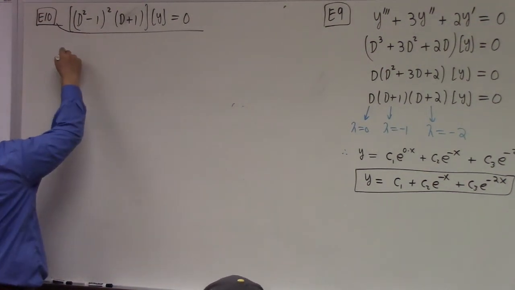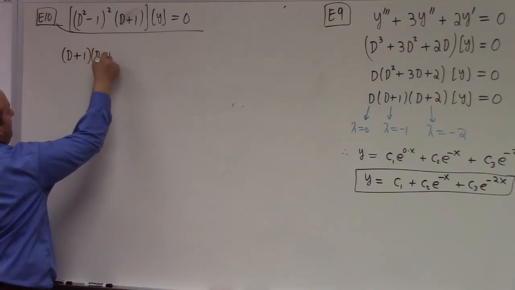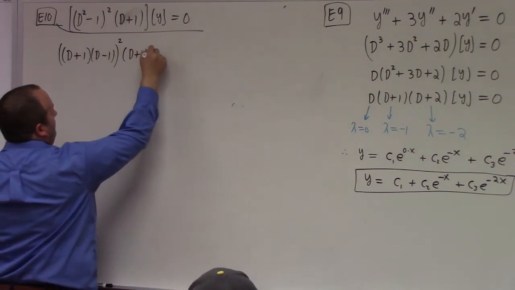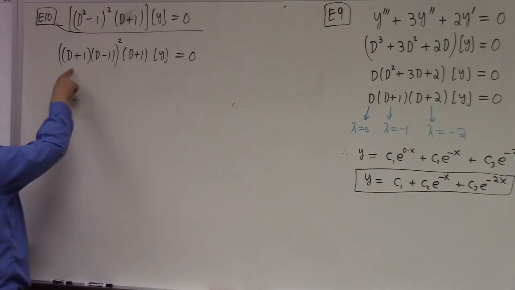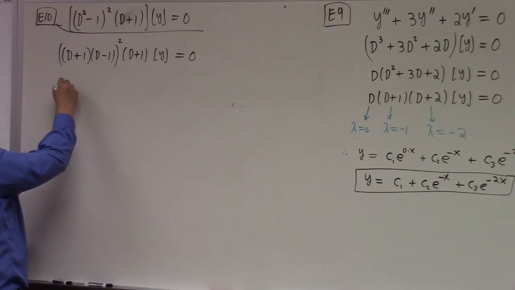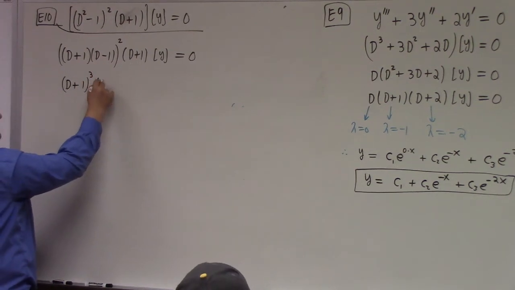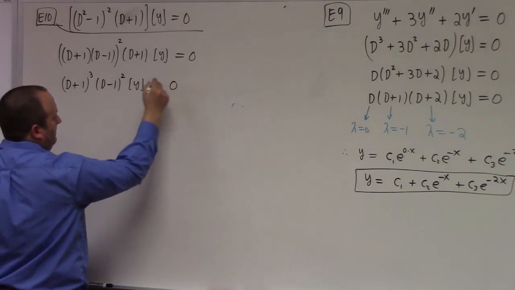What is that? That's actually (D plus 1) times (D minus 1), isn't it? So what happens when we square a product? We get D plus 1 cubed and D minus 1 squared.